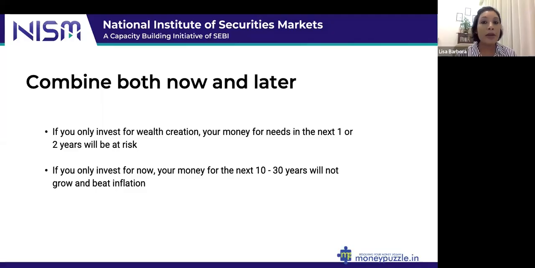So it's imperative that in the long run, you need to allocate some amount of your portfolio to investments that actually grow the value of your money. And you need to allocate some amount to investments which have an aspect of capital safety in them. Of course, flexibility can be there in both.